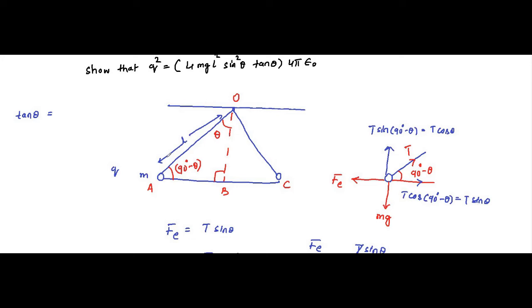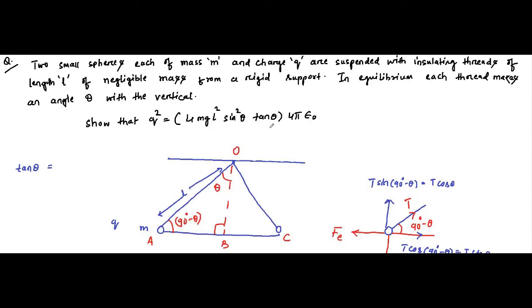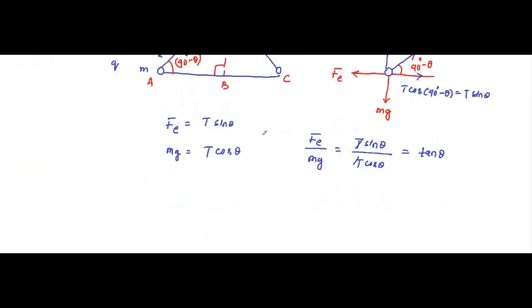Here we don't need to find out anything more about tan theta because in the proof we have the tan theta expression, we don't have to do anything with it. So now Fe is equal to mg tan theta. We have got up to this point.